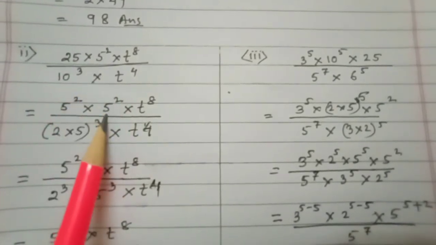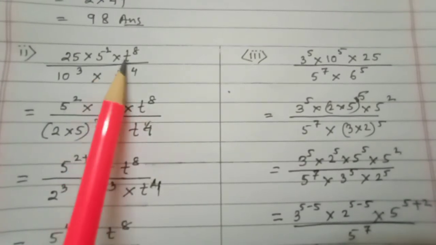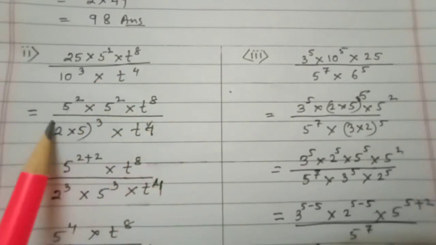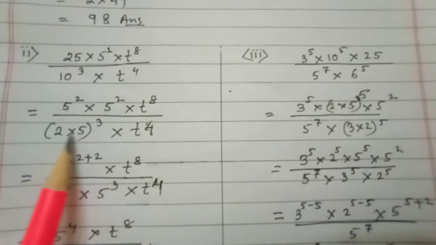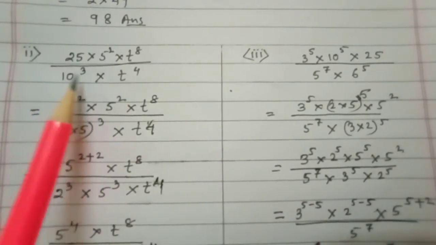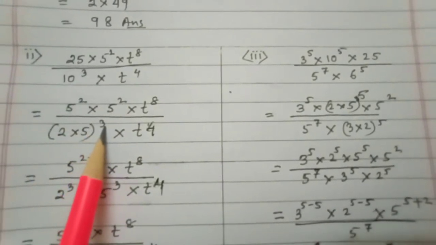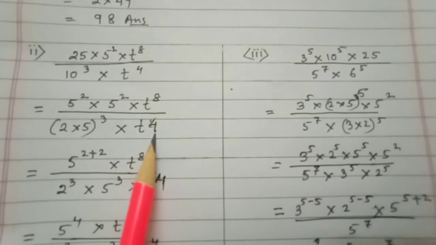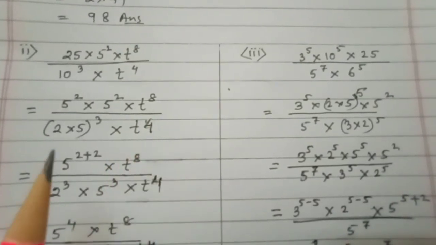Here already 5 to the power 2 was there, and 10 means 2 into 5. 10 cube means 2 into 5 whole cube, into t to the power 4.